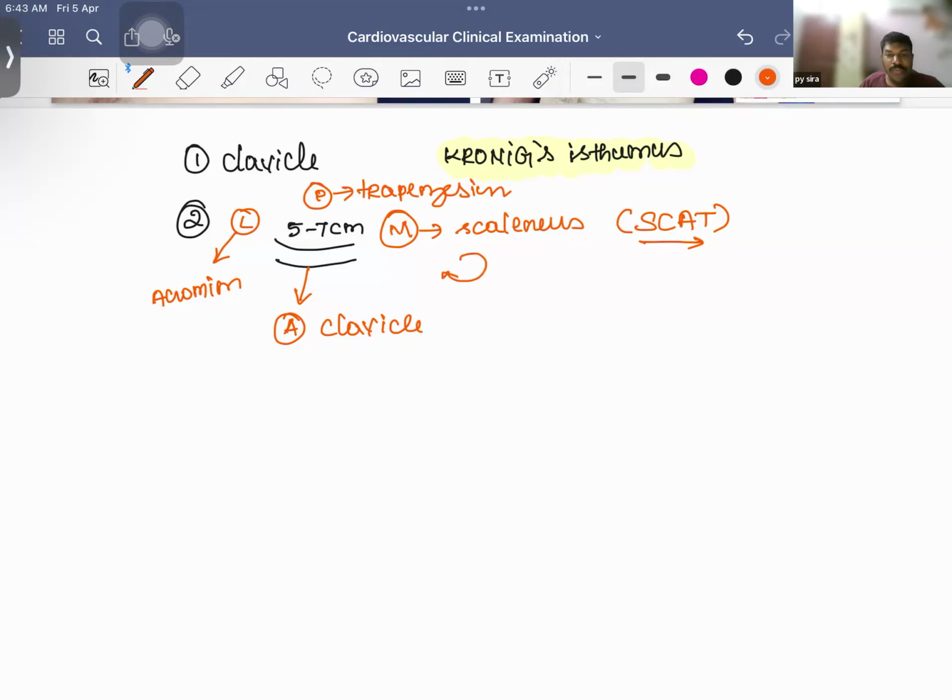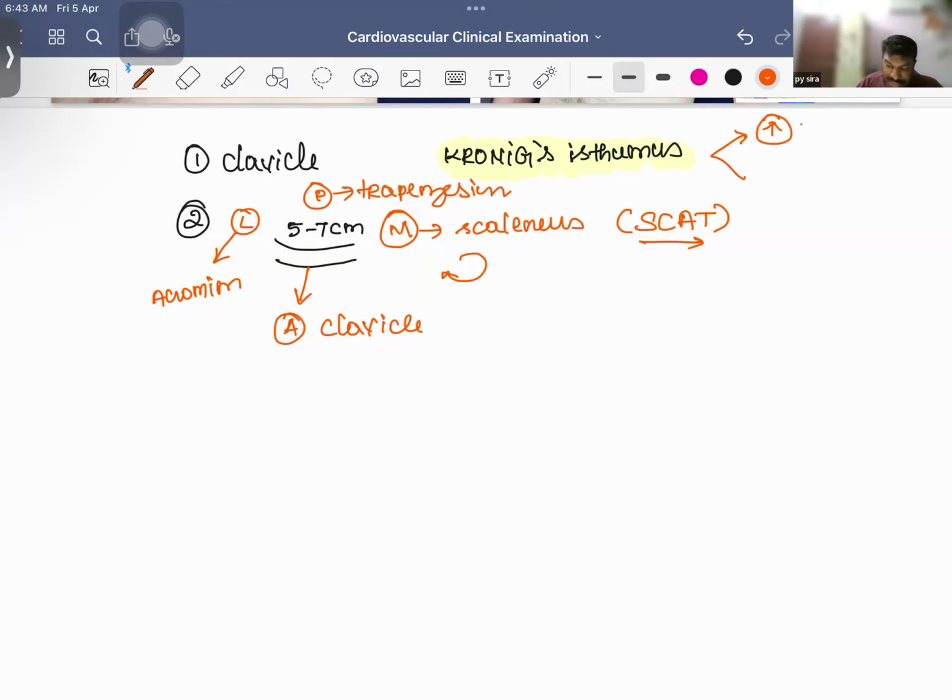Whenever you percuss here, the percussion is done by standing behind the patient, and the resonance in this area is assessed. Whenever there is hyper-resonance in this area, it usually indicates emphysema.